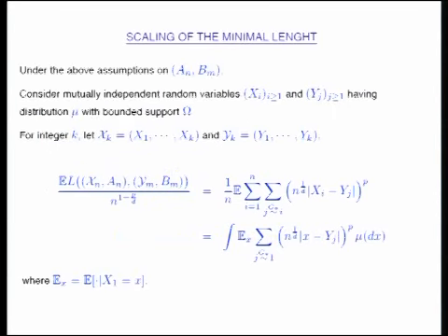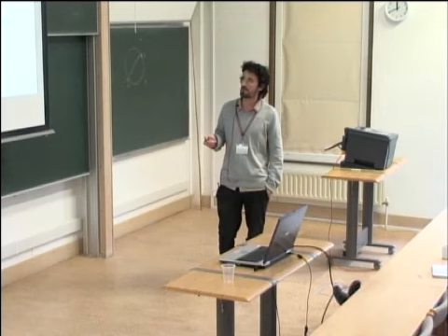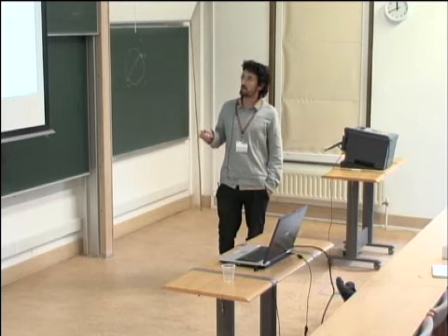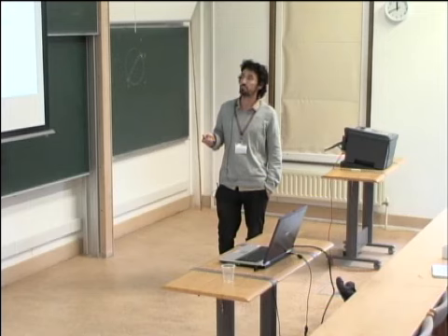But if you look at the expectation, we will prove in the next slide that it converges when you divide by n to the power 1 minus p over d. So it just means that if you take 1 over n to the power 1 minus p over d times the expectation, you can write it as 1 over n times the sum over all points x_i of the scaled distance between x_i and y_j, where j runs over all points which are connected to the point in the optimal graph.